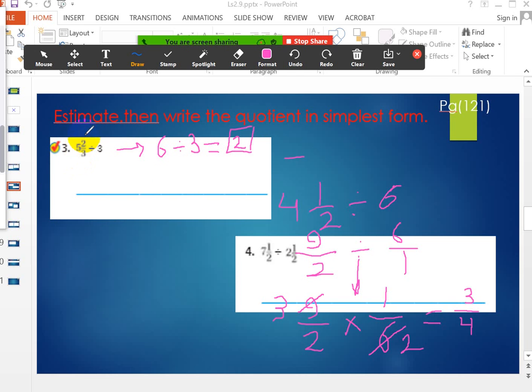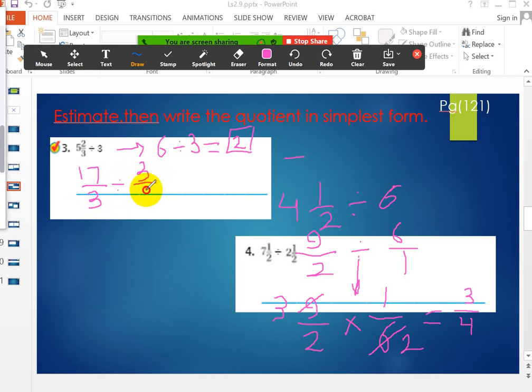Yes. 3 times 5 will be 15, plus 2 is 17. Thank you, Lena. So I will multiply 5 with 3, so it will be 15 plus 2 equals 17 over 3, and divided on 3 over 1.